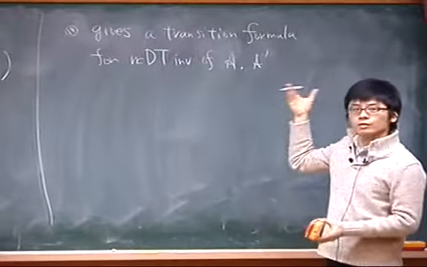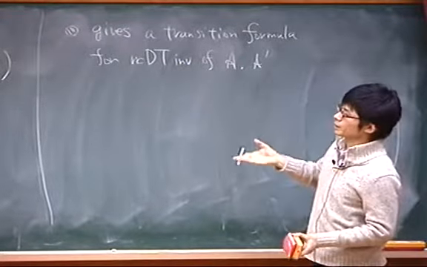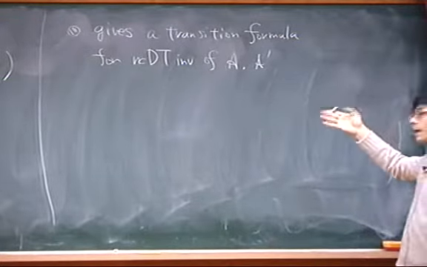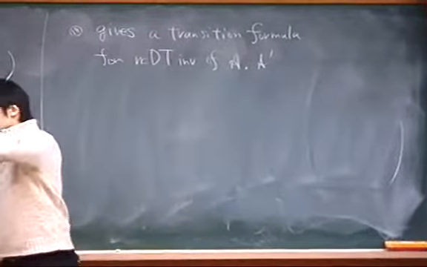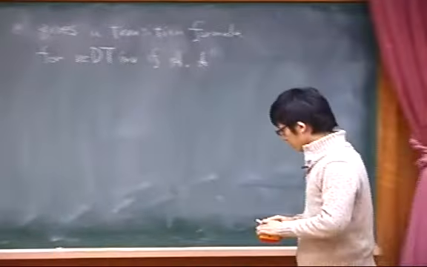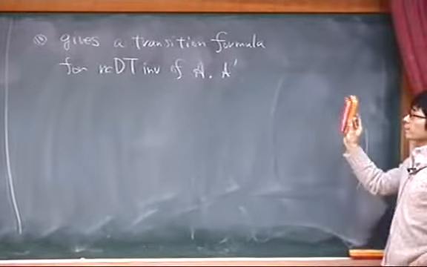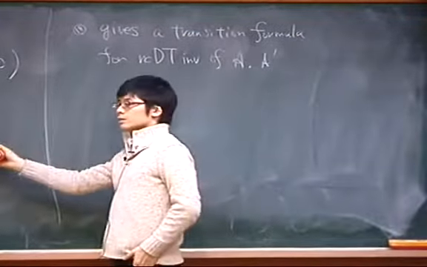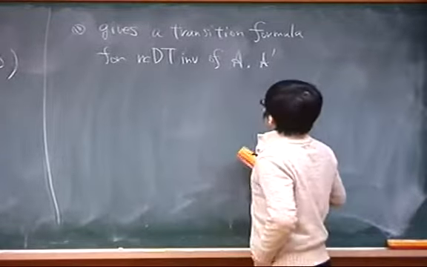If we know the information of the non-commutative Donaldson-Thomas invariant for A and the information of this torus automorphism, then we can compute the non-commutative Donaldson-Thomas invariants for A prime. So in this sense, this gives a transition formula.